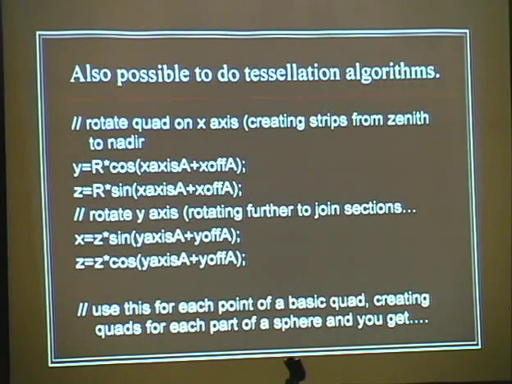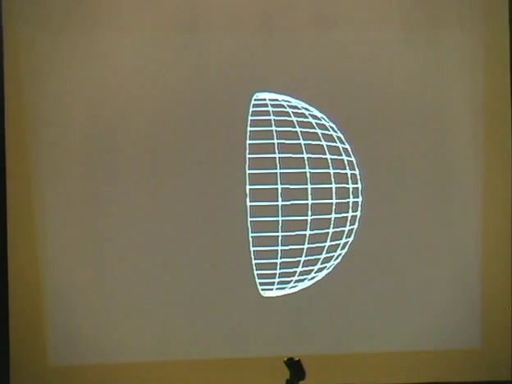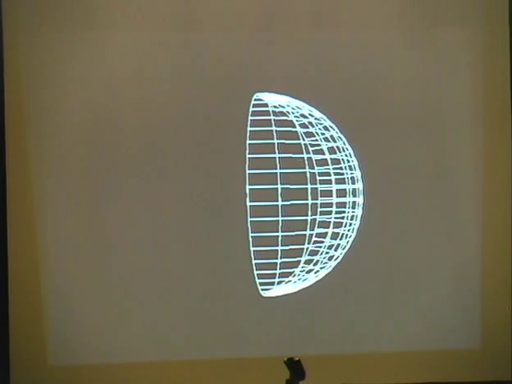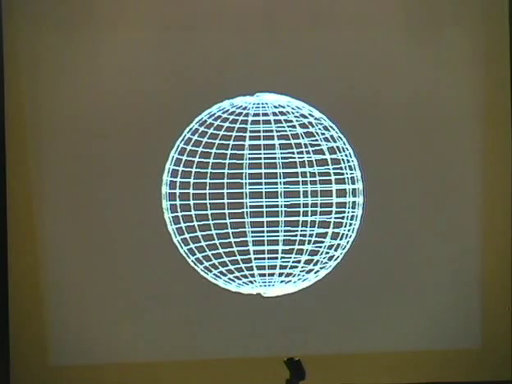It's also possible to do tessellation algorithms, which basically is a fancy way of saying composing an object out of triangles with the 3D API. So here I have basically this being represented. I'm drawing the sphere now, creating all of those using some basic trigonometry.